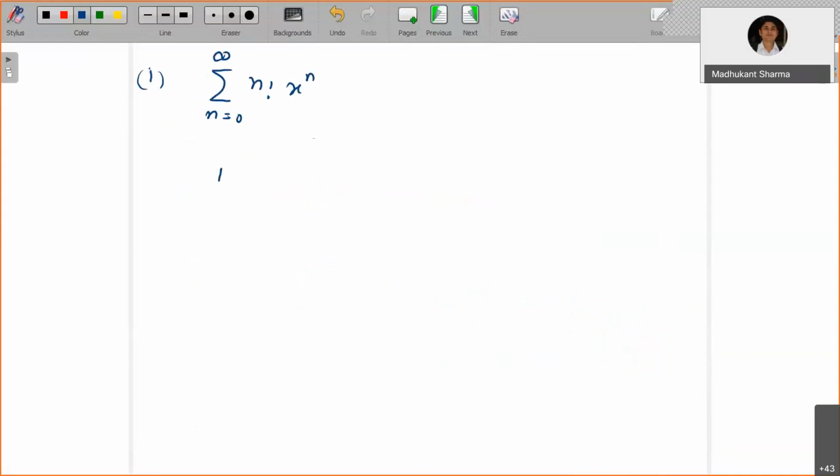If you try to find R here, before finding R, let's find a_n by a_(n+1). That is going to be n factorial divided by (n plus 1) factorial, which equals 1 by (n plus 1), and which tends to 0 as n tends to infinity.